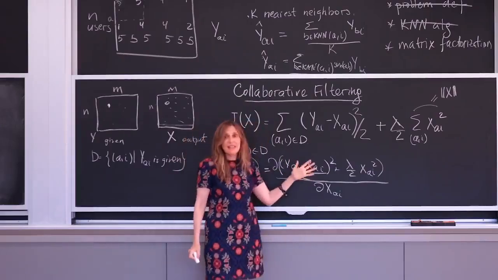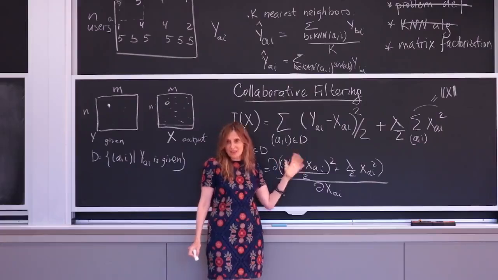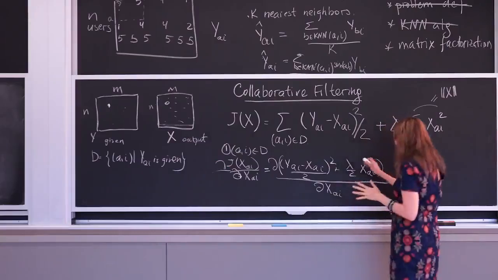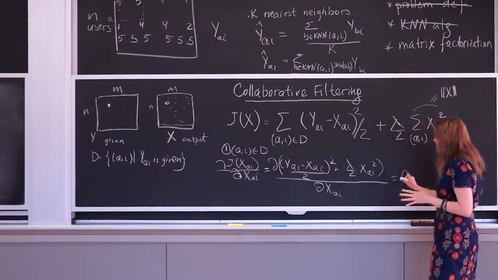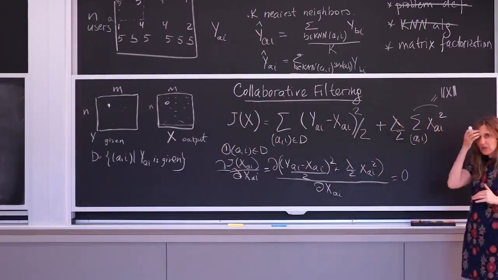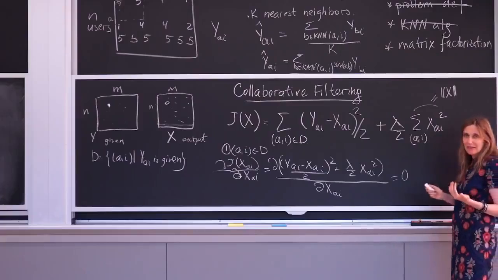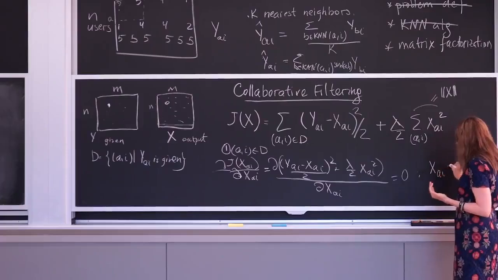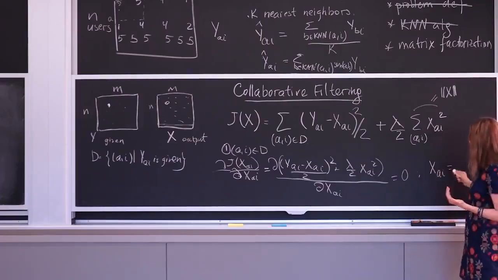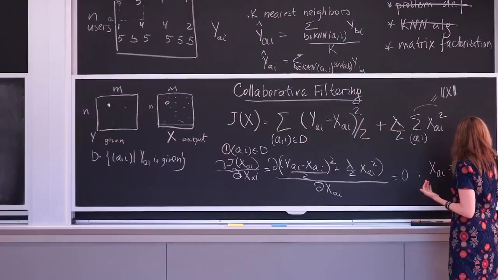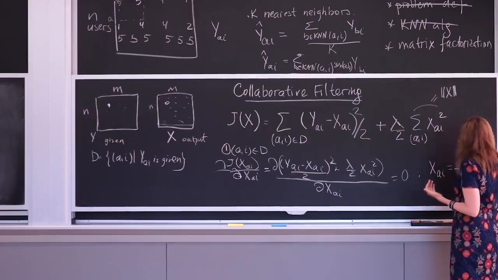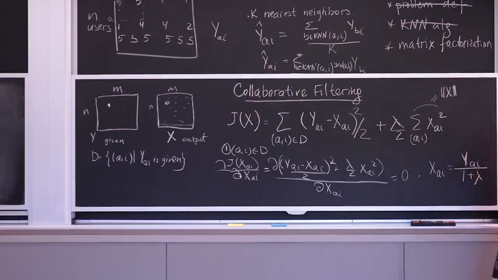So now, if we take this derivative, and you will do it as an exercise, you discover something really funny. You take this derivative, make it equal to 0, do the whole computation, and you will discover that x_i, in this case, would be equal to y_ai divided by 1 plus lambda.